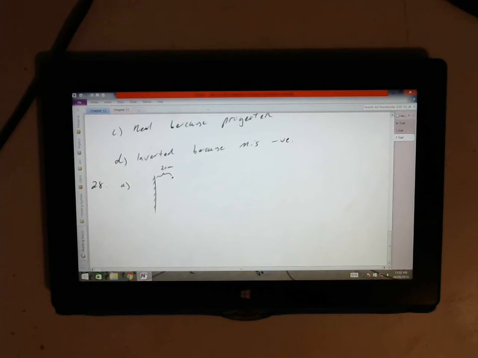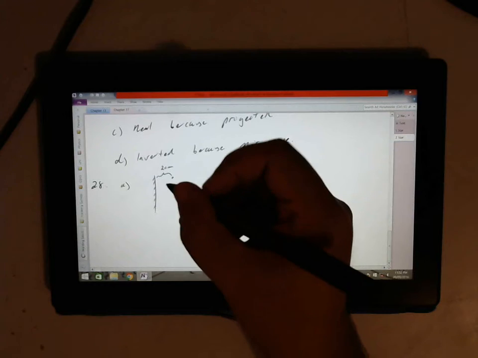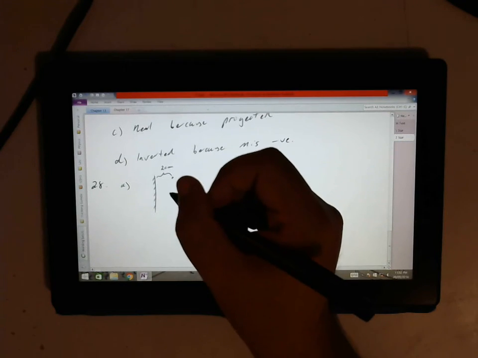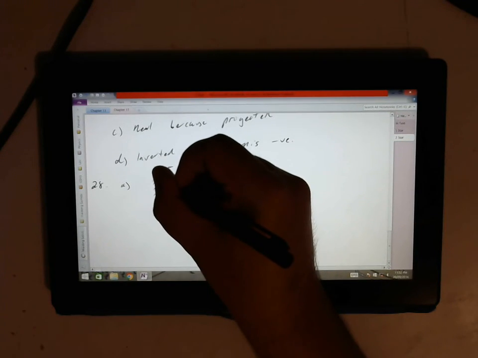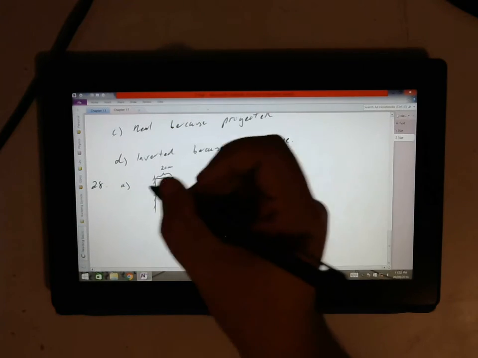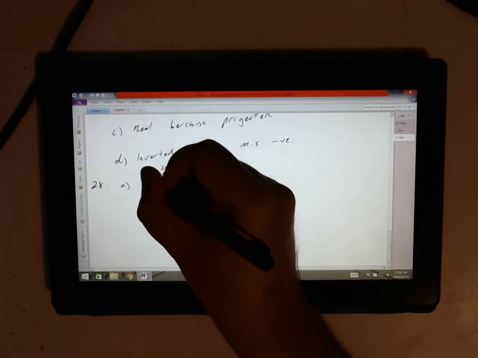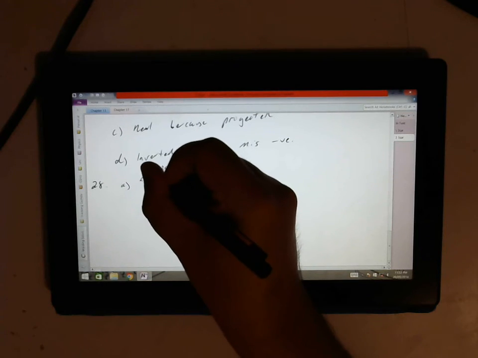Okay. So if we take it as a line with a point on the end, that means it's going to be a line with a point on the end on the other side, and it will also be 2 centimeters away.